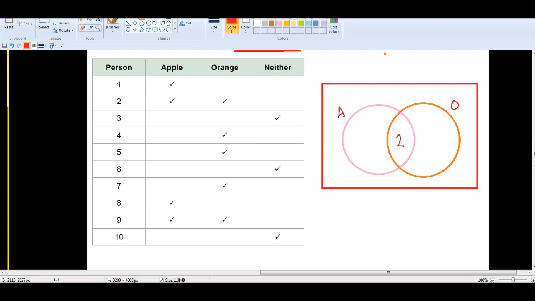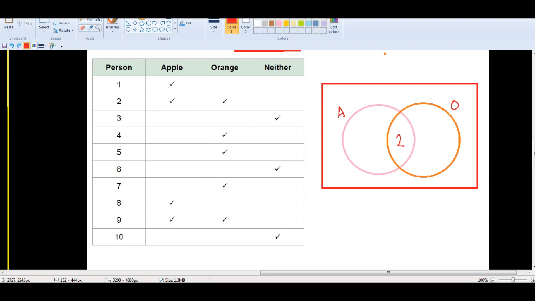Then you check the number of people who like apple but not orange. How many of them like apple? There are 4 of them who like apple. But within that 4, there are 2 who like both apple and orange, which have been included in that overlapping area.